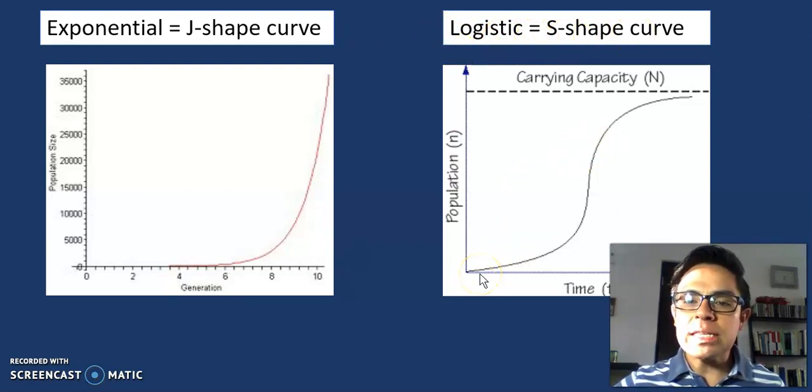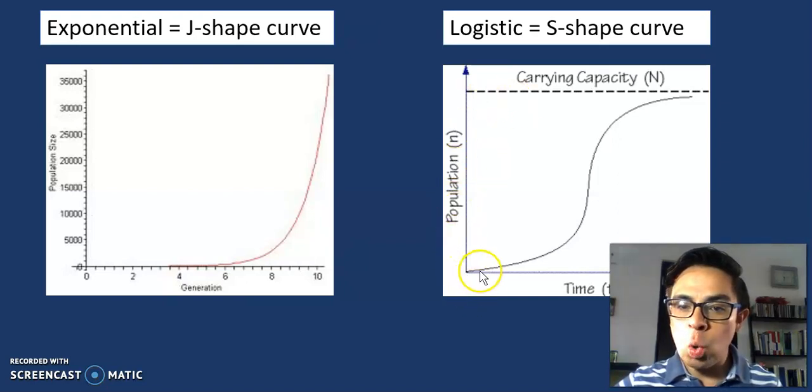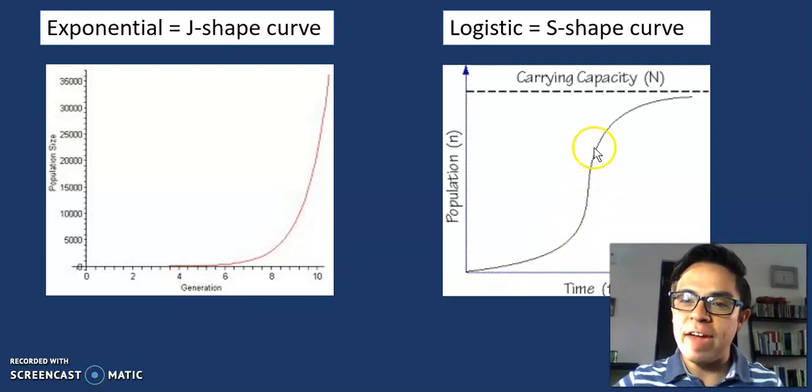Now, if you can see, this type of curve is quite the same as the exponential at the beginning of the process. We're going to have a very low or slow growth at the beginning. Then we have the exponential phase. But when the population is almost reaching the carrying capacity, population size will start to decrease or to stabilize.